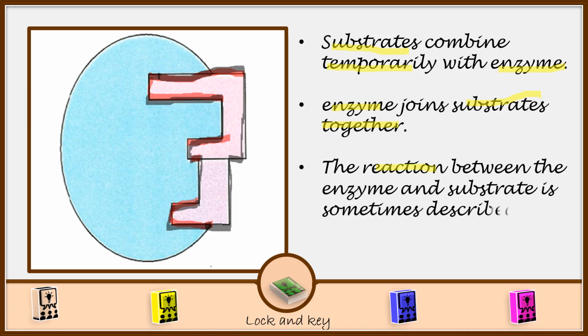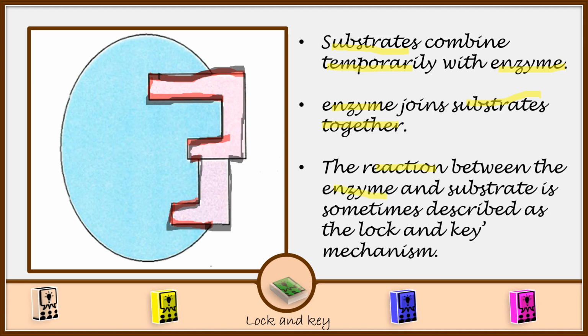The reaction between the enzyme and the substrate is sometimes described as the lock and key mechanism. Now, when you look here, our substrate acts as a key, and the enzyme is acting as a lock.